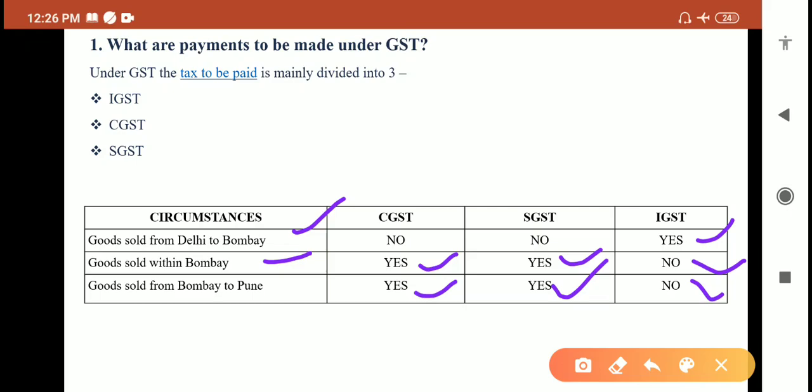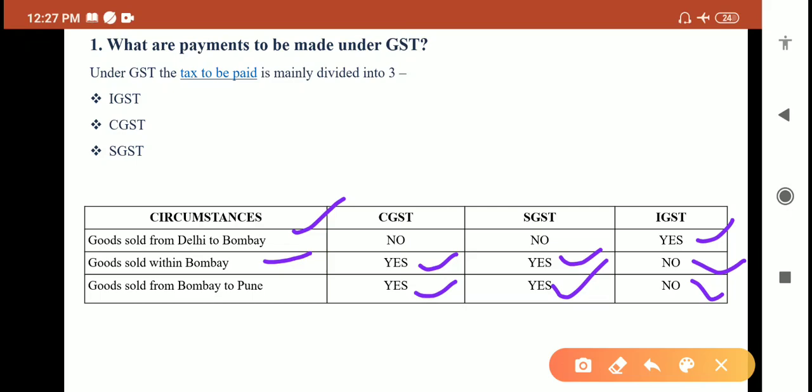See, let's suppose Rajesh is a dealer in Maharashtra who sold goods to Anand in Maharashtra only. I repeat, Rajesh is a dealer in Maharashtra who sold goods worth rupees 10,000 to Anand in Maharashtra.